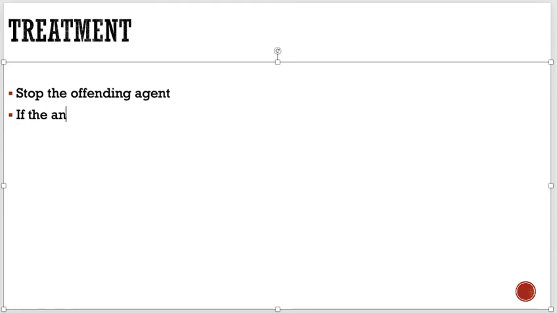If the anemia is very severe, what is needed? Emergency blood transfusion, right? You are going to transfuse them with blood. And of course, they have increased chances of infection. So what will you give them? Antibiotics, of course, to decrease the infections.